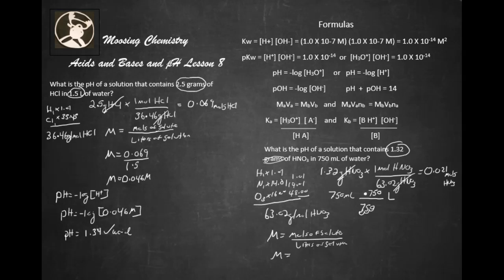So molarity is equal to 0.021 divided by 0.750. So our new molarity value is going to be, hang on one second. I want to double check my answer here. Yep, looks right.